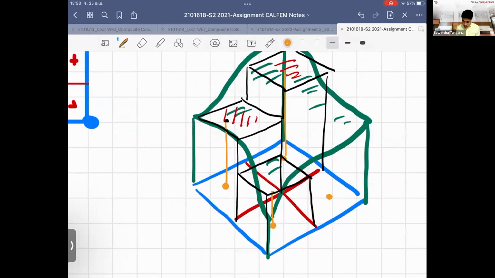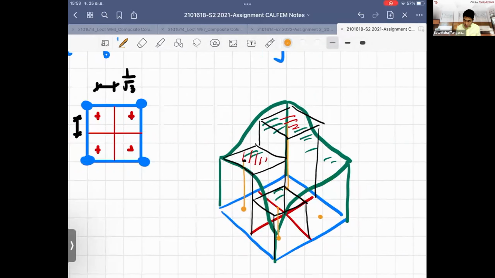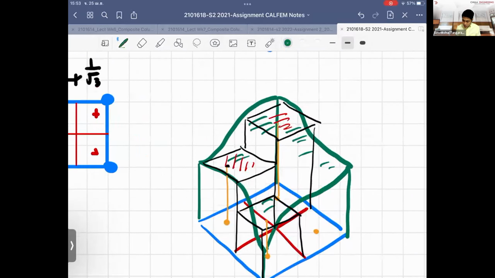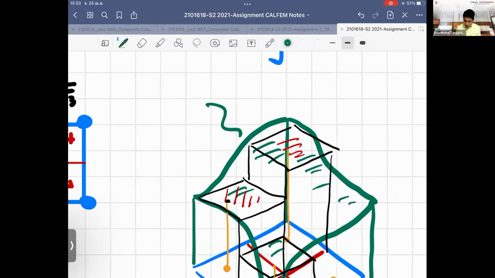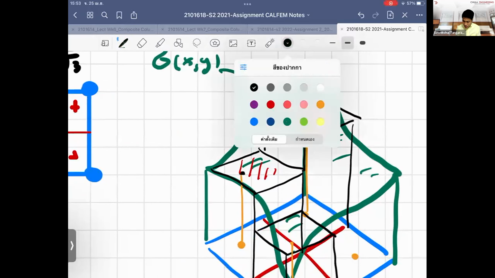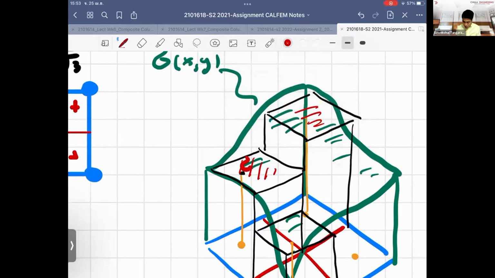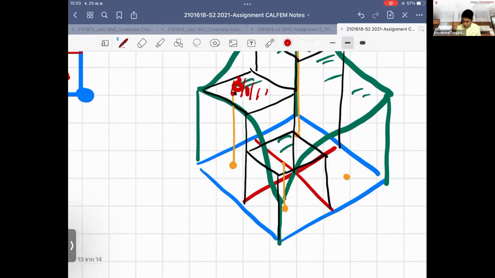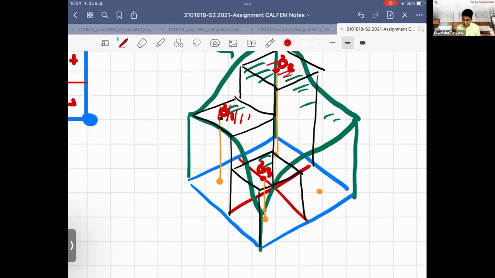So the Gauss point might represent the stress value here. And I'm saying that this is the real surface of the stress response in X and Y. But this is when you obtain the stress values, which are the approximations at the Gauss point. You may have Gauss point number 1, Gauss point number 2, Gauss point number 3, and so on.